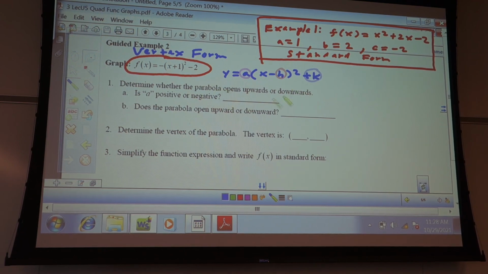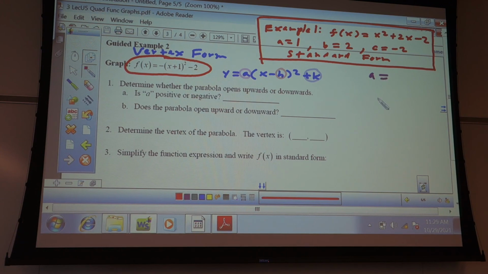So here, what's my A? A equals, H equals, K equals. All right, so everybody find from this function, with your neighbors, take a minute and find A, H, and K.